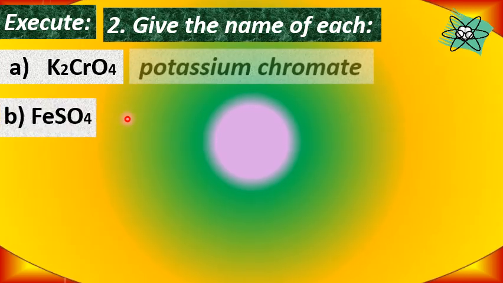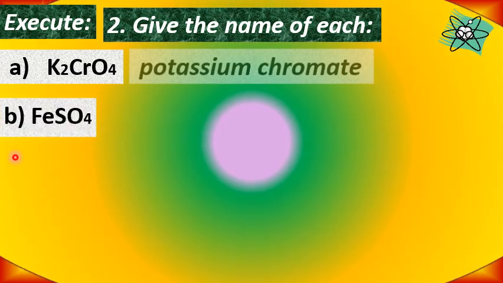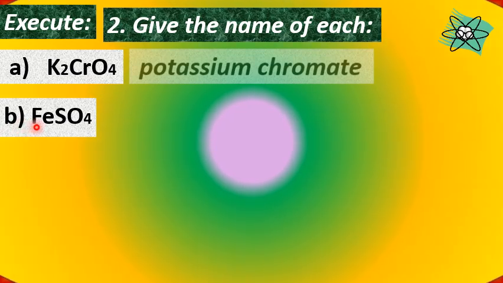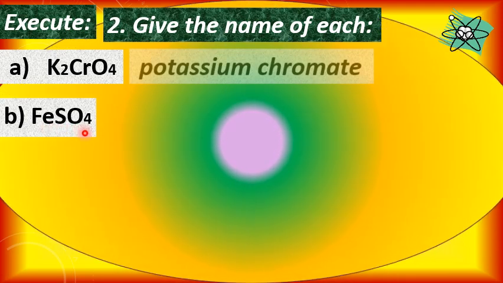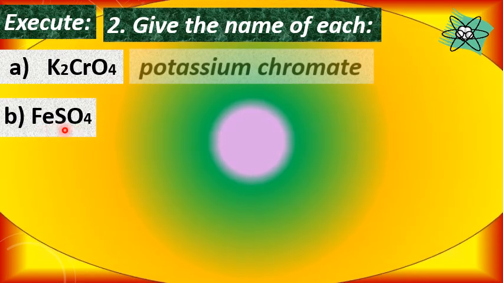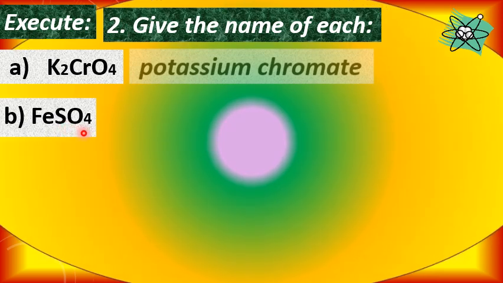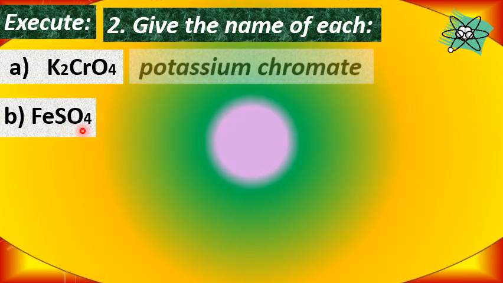Now for letter B, we are given the compound written as FeSO4. This is the combination of the metal iron and the polyatomic ion sulfate.